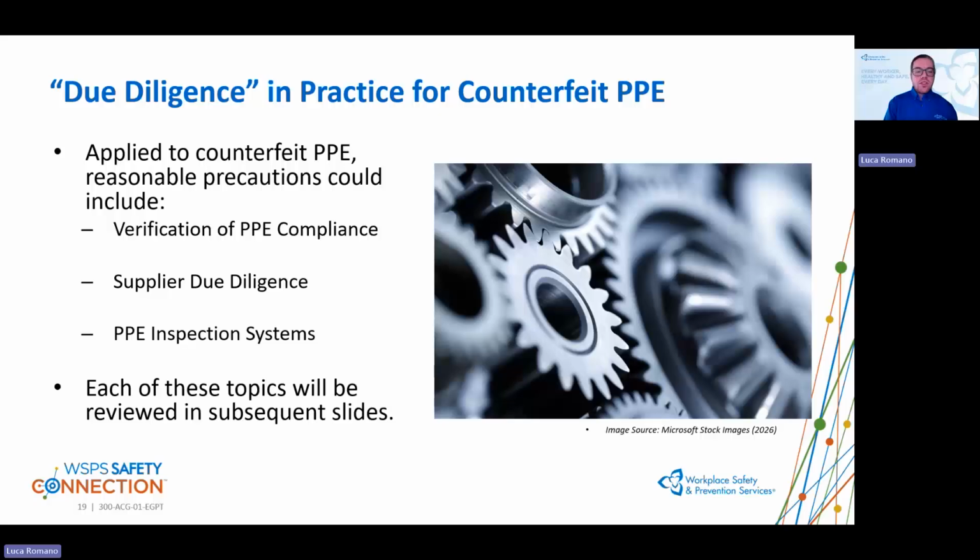How are we purchasing this material, and are we doing some type of vetting process, and what type of due diligence systems are in place both on the supplier and for us to verify the suppliers themselves? How are we inspecting the personal protective equipment, both from a frontline worker use standpoint, but then even before it gets to the worker? How are we vetting it before we're issuing it?